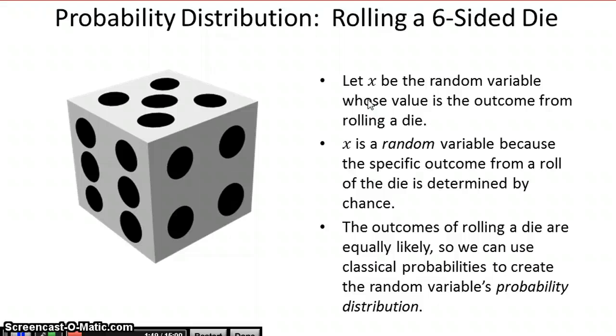X is going to be our random variable whose values are the outcomes from rolling a die. X is a random variable because the outcomes are chance outcomes. But since the outcomes are all equally likely, given you have a fair die, then we can use classical probabilities to calculate the associated probabilities for each of the numerical outcomes.